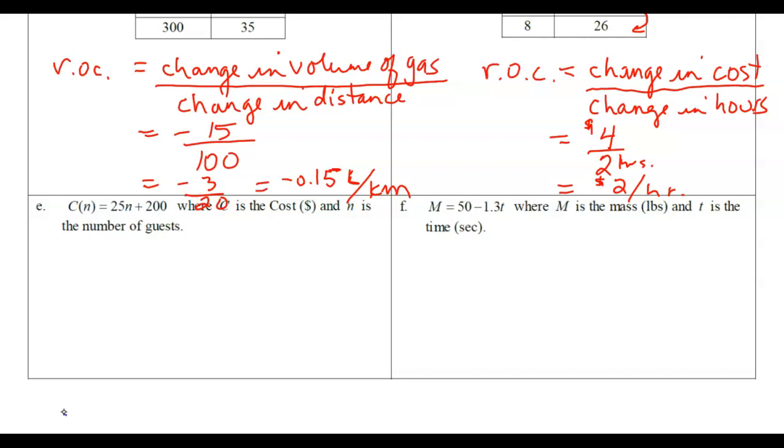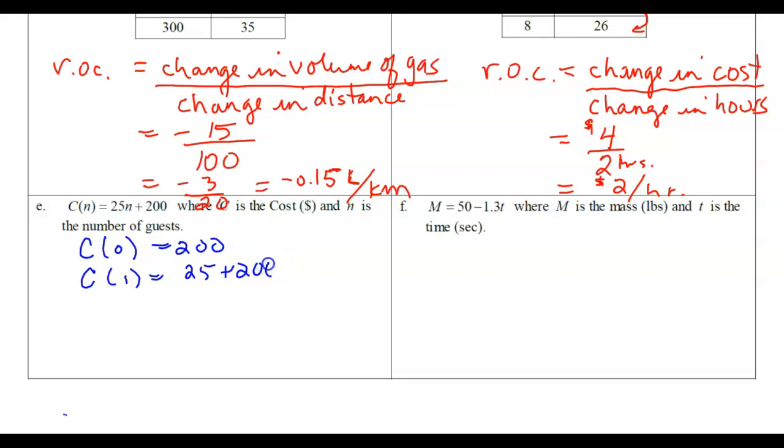As we increase by 1 guest, how much does the cost increase by? 25. Right. So you can test it out. If you want to do C of 0, that's 200. C of 1 is 25 plus 200, which is 225.